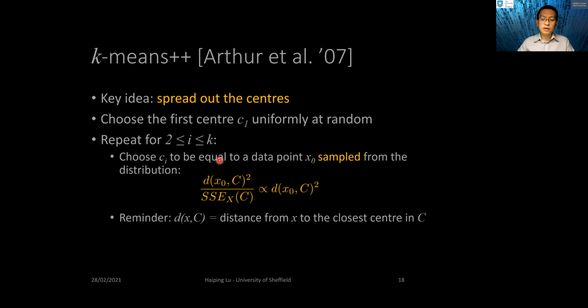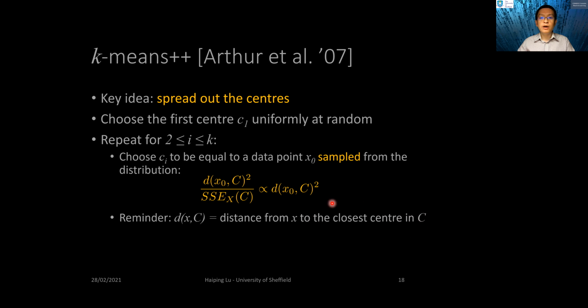By looking at the definition of this distribution, we see a larger distance will have a higher probability to be sampled. That means we will choose the data points that are far away from the current set of centroids.